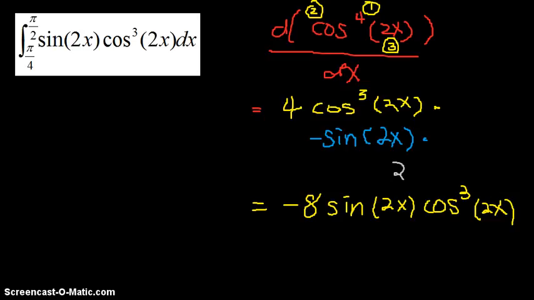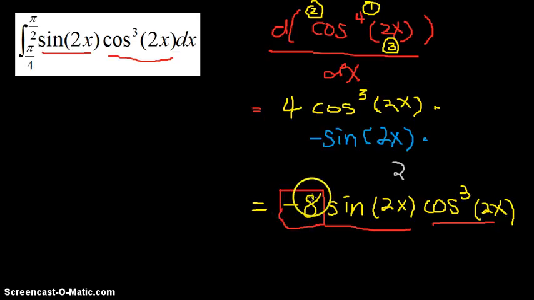Some of you might see this already: sine 2x, cosine cube 2x. The only problem right now is this negative 8. The only thing we do not want is the negative 8. When I differentiate cosine 2x to the power of 4 with respect to x, I get almost everything except the negative 8.